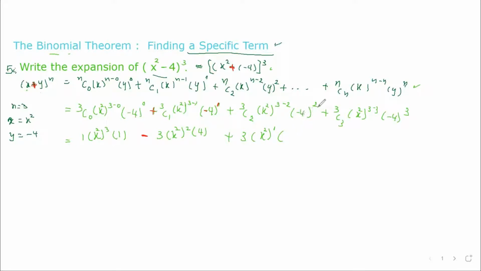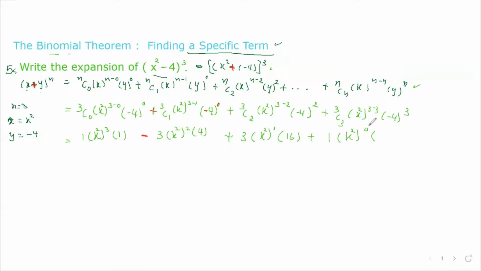So 4 times 4 becomes 16. Plus 3C3 is 1, x power 2, and power 0 because 3 minus 3 becomes 0. So this one, you can find 4 power 3, right? 4 power 3 is what?